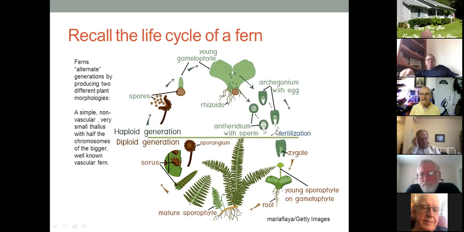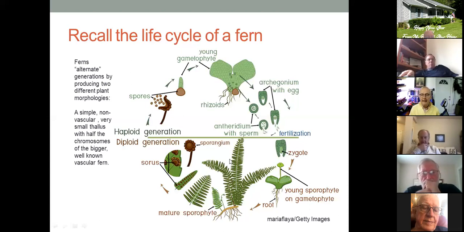When fertilization occurs and you result in this zygote, you now have the combination of two complements of chromosomes. So all of these features now in the life cycle have a full complement of chromosomes. The gametophyte will produce a little plantlet, which actually matures into the plant that we know by its common name. For example, this might be a Boston fern.